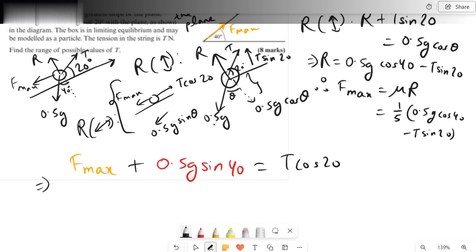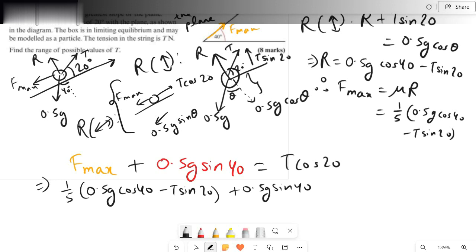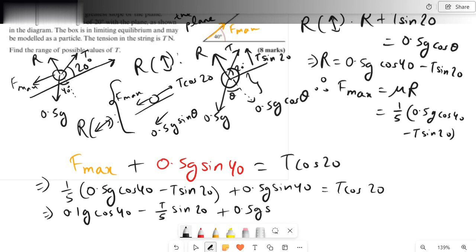So F max is 1/5 of (0.5g cos 40 minus T sin 20), plus 0.5g sin 40, is equal to T cos 20. Multiplying, we get 0.5 divided by 5, which is 0.1g cos 40 minus T/5 sin 20, and then plus 0.5g sin 40 is equal to T cos 20.